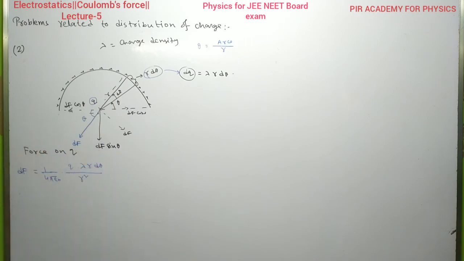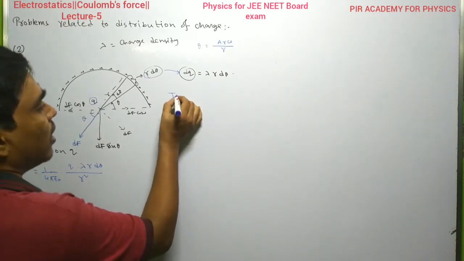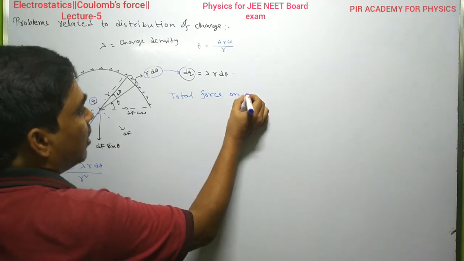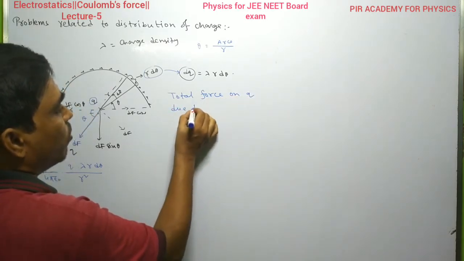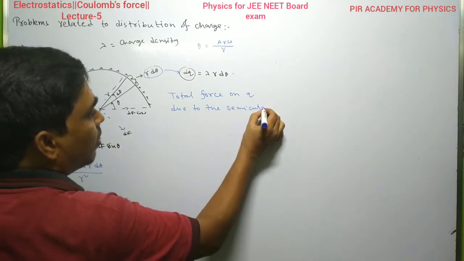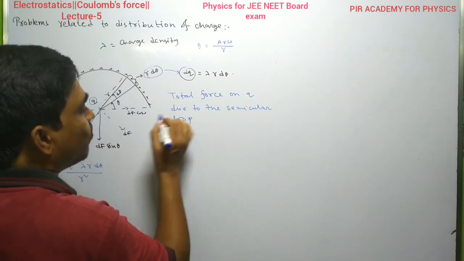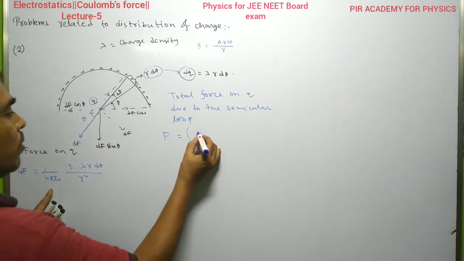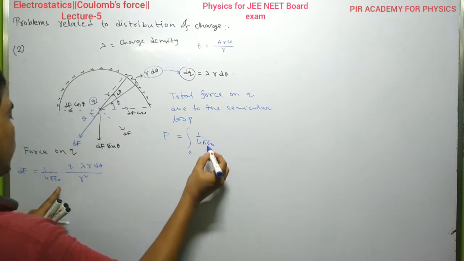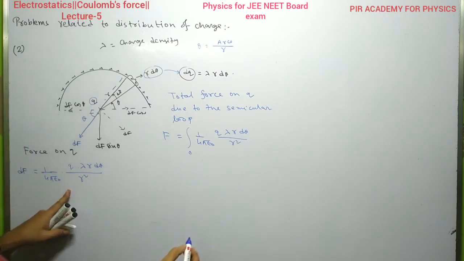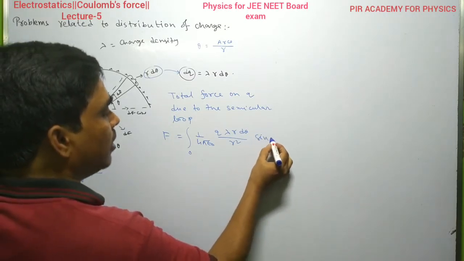So the total force on Q due to the semicircular loop is F equals integration of 1 by 4 pi epsilon naught q lambda r d theta by r square, times sin theta.